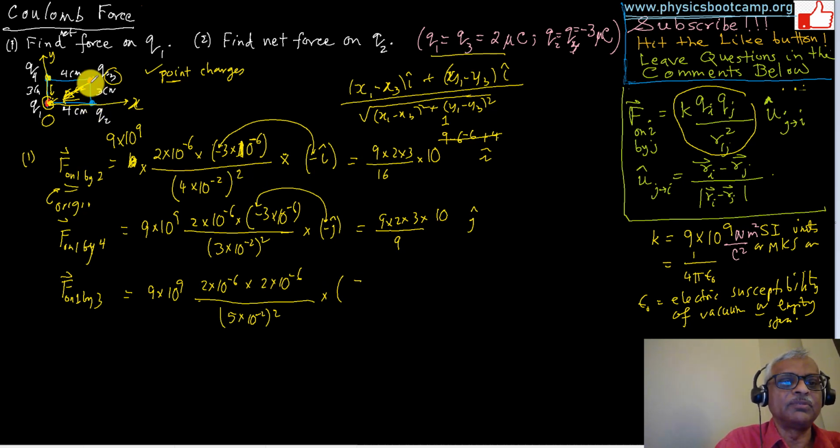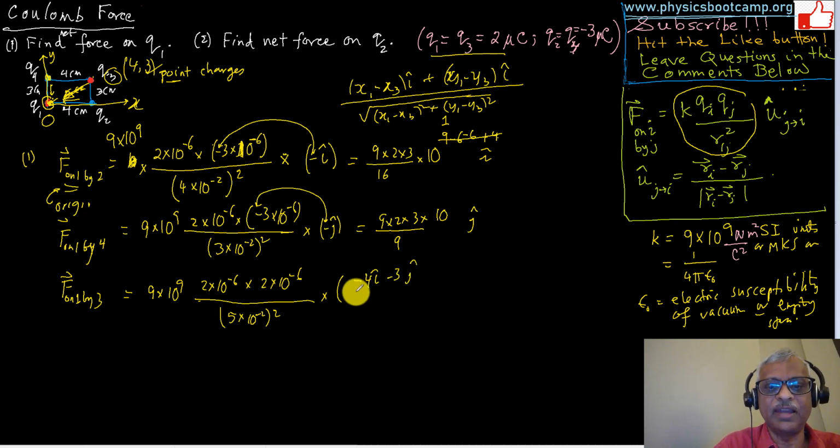This one's coordinate is 4 and 3 in centimeters, so minus 4 i hat minus 3 j hat over 5.